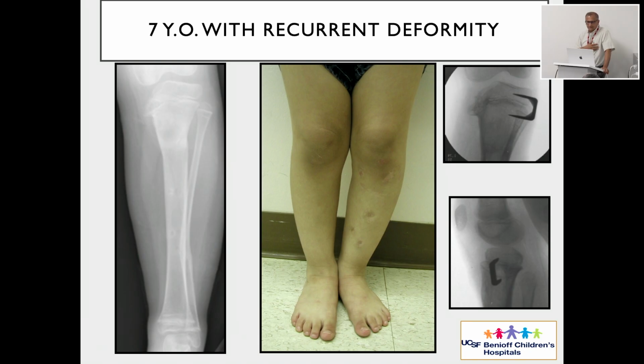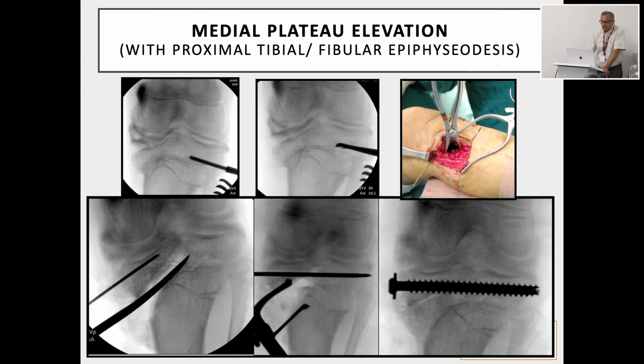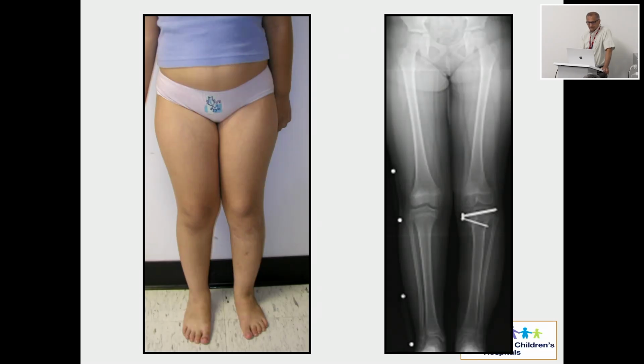So this is one where it's a growth plate problem, recurrent Blount's, and we're doing an osteotomy at the growth plate because she's got a tibial plateau that's depressed and has a bony bar. And so here you don't need any translation. You just do an opening wedge correction. You can put some bone graft under it and you can get a good result.